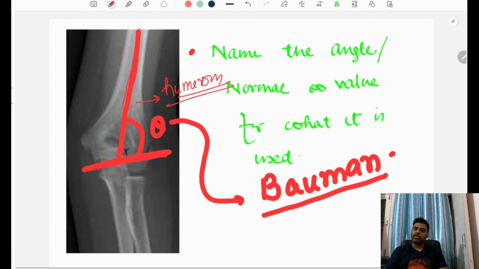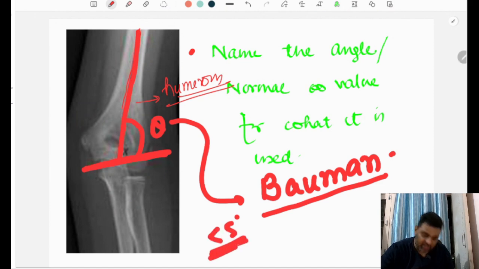What is the normal value? There should be less than 5 degrees of change when compared with the other side. If there is an angle difference of more than 5 degrees compared with the other side, then it is pathological.